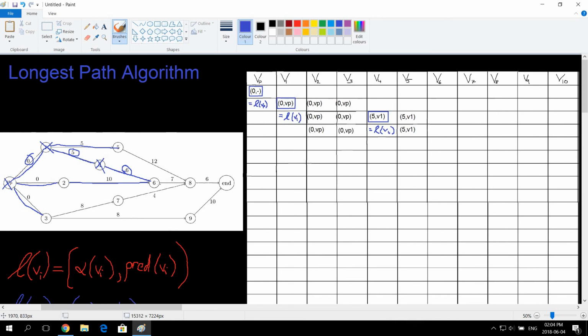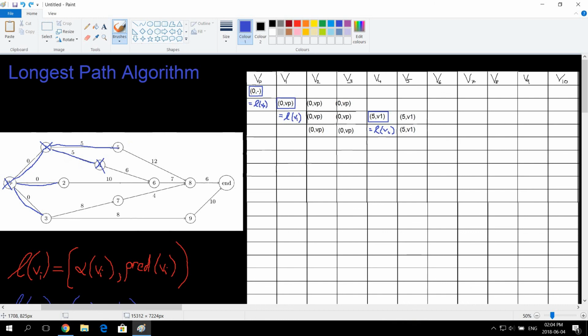If we go down here, now V6 hasn't been explored and V7 hasn't been explored. So therefore we can't say that we can actually go towards V8 if we get to V5. So we can't actually fill this one in because we need this one first.